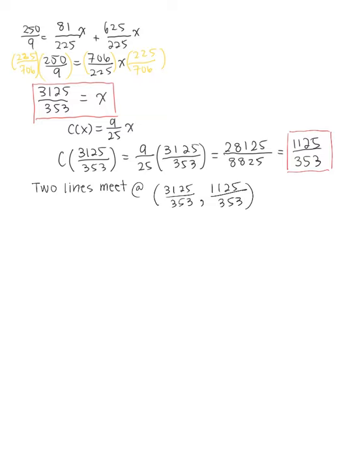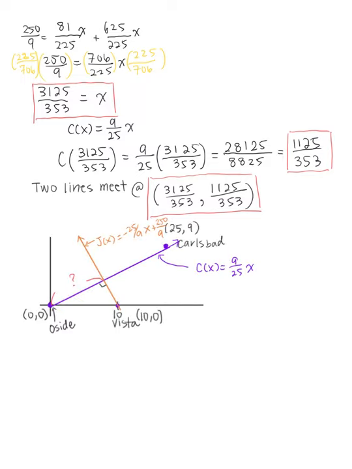Okay, so let me just box this because this is another important piece of information. Now let me bring that picture back. Here it is. Now what we just discovered is that this point here is that crazy number. Do I need to write that? Yeah, let's just write it. 3125 over 353, comma, 1125 over 353.